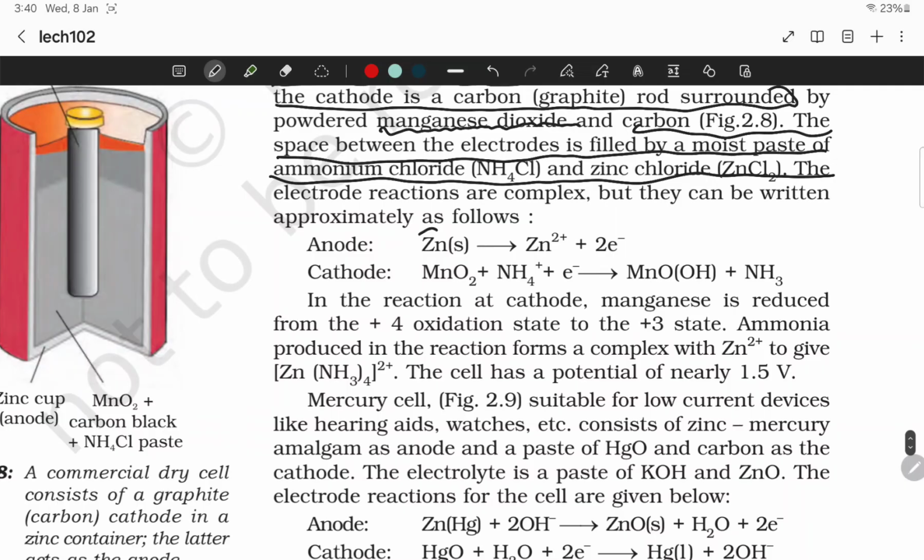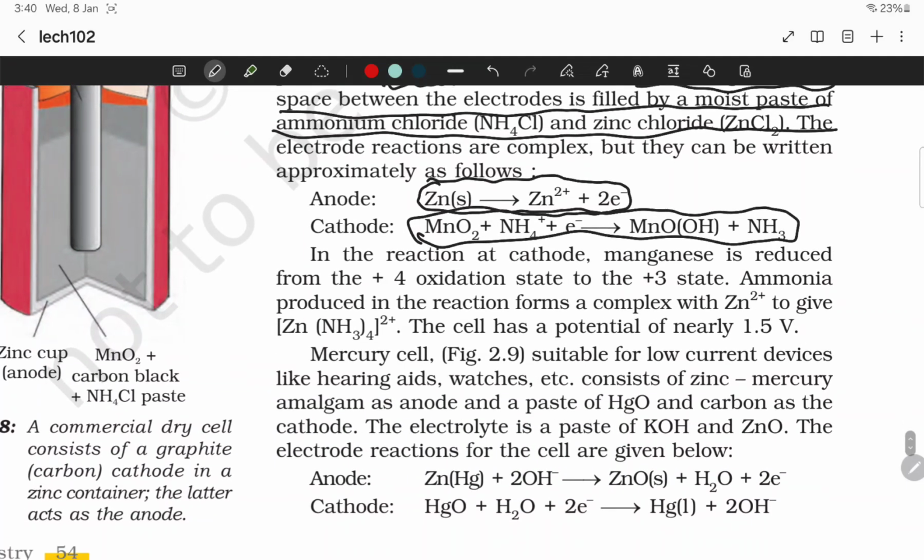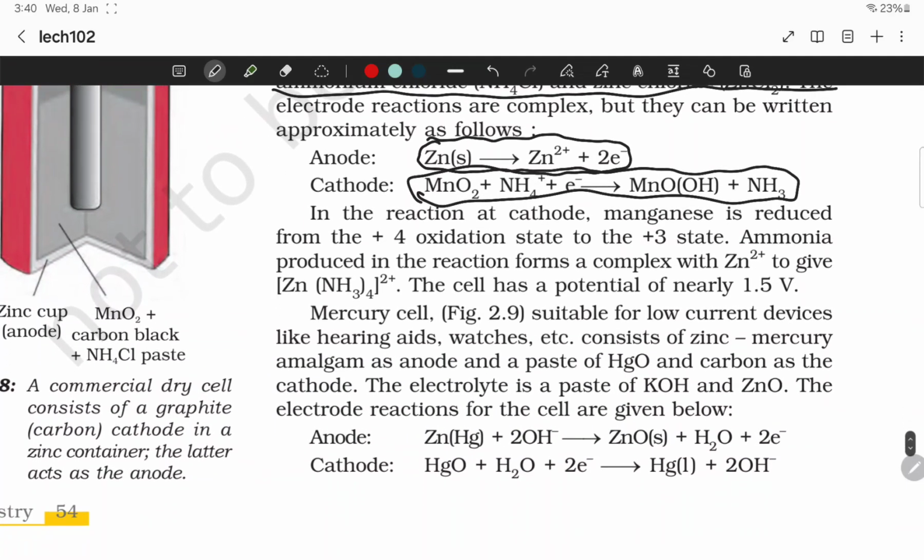The electrode reaction is very simple. At the anode, Zn becomes Zn2+ plus 2 electrons, the same reaction as the anode of the Daniell cell. At the cathode, MnO2 plus NH4+ plus 1 electron gives MnOOH and NH3. Just go through this reaction.